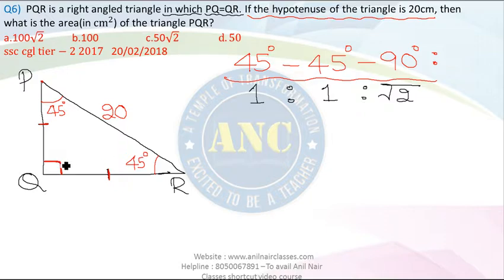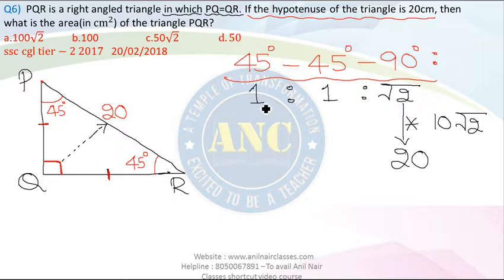But the question says the side opposite to 90 is not root 2, it is 20. Root 2 should become 20. Root 2 into root 2 is nothing but 2. 2 into which number is 20? 2 into 10 is 20.